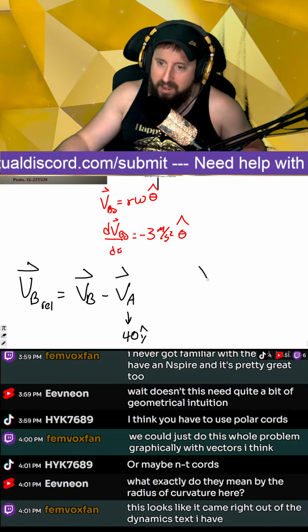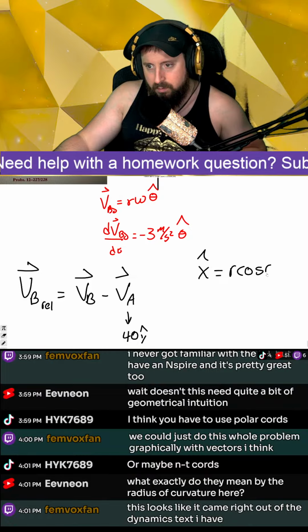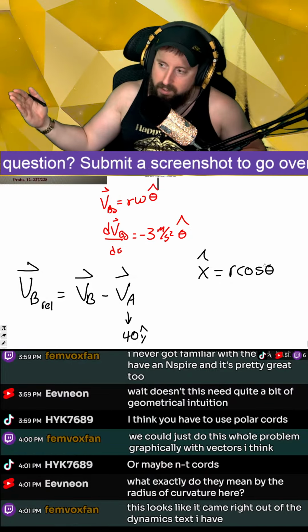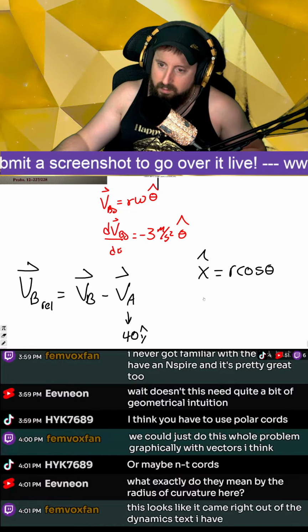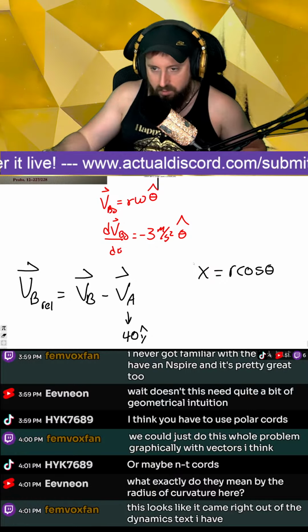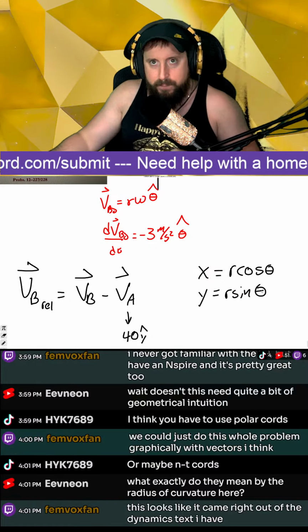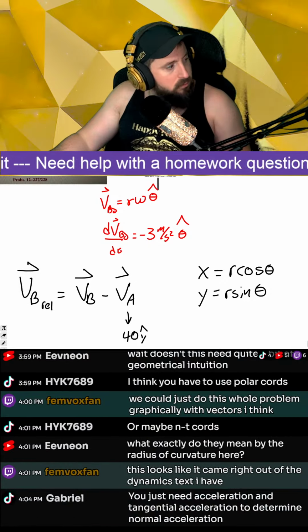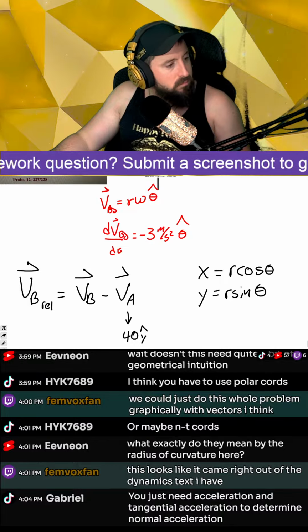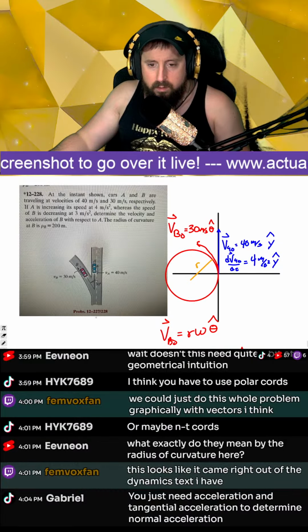So, yeah. Okay, so x is equal to r cosine theta, y is equal to r sine theta. That's the general polar parameterization, yeah? Oh, and they do give us an angle.